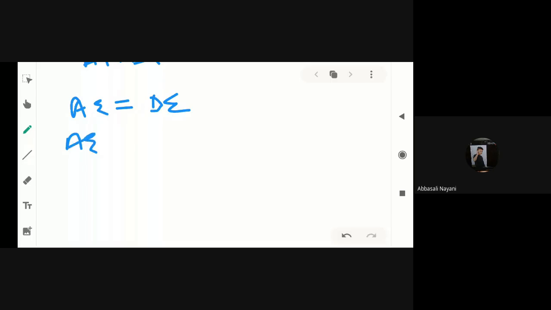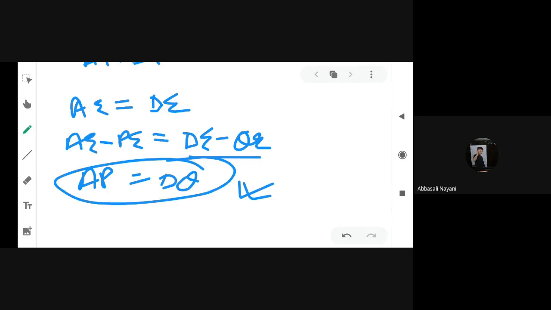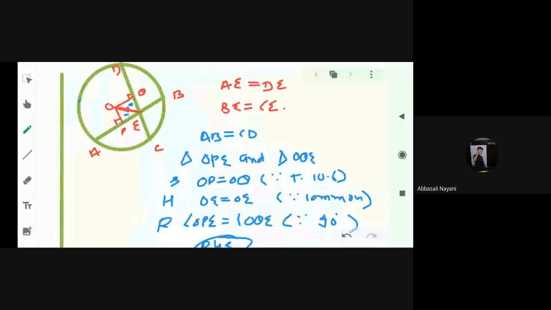This part is common and equal. So we subtract this part. What is left? AP and DQ. So we proved that AP is equal to DQ. Now you can see if AP and DQ are equal, then the other remaining part is also equal. Yes or no? So here we can prove these two things.